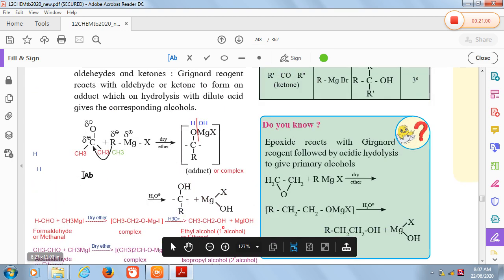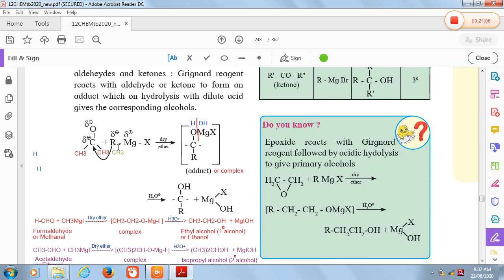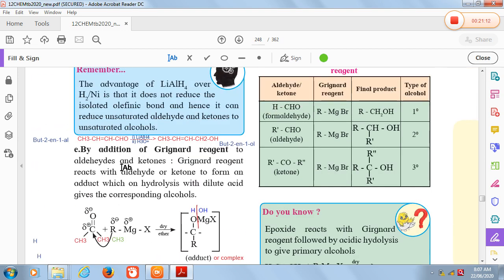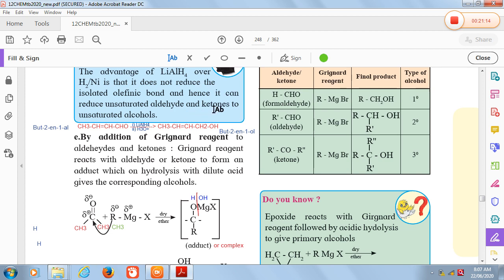So you can change these alkyl groups attached to the carbonyl carbon and the Grignard reagent and find out the different alcohols that you obtain. But remember that if you use formaldehyde and react with any Grignard reagent, your final product is RCH2OH, and that is a primary alcohol.